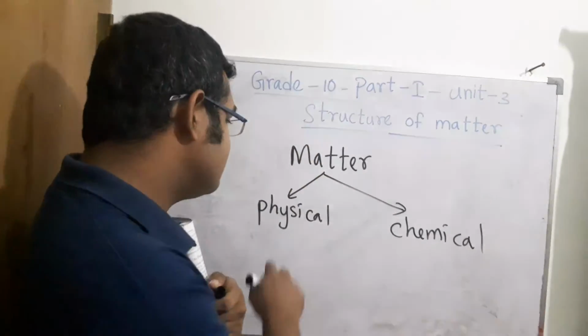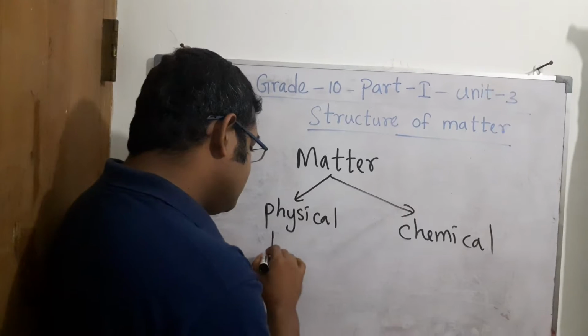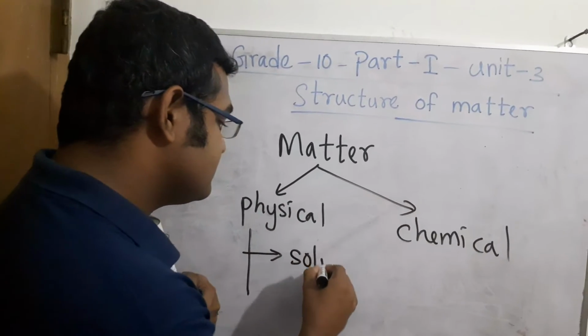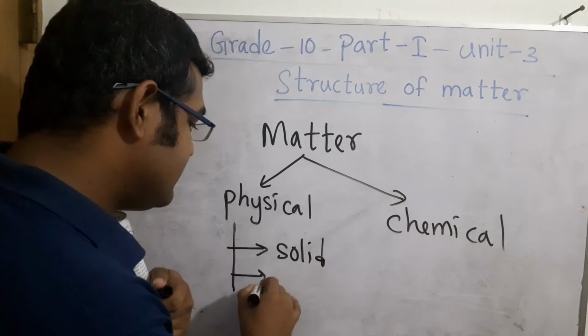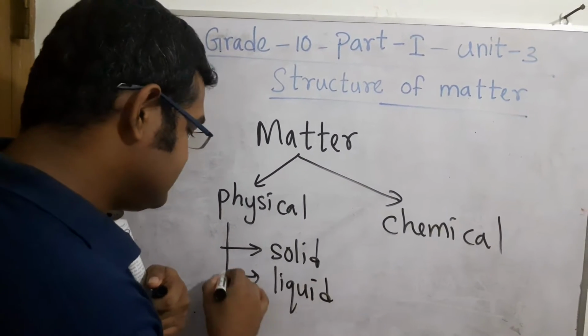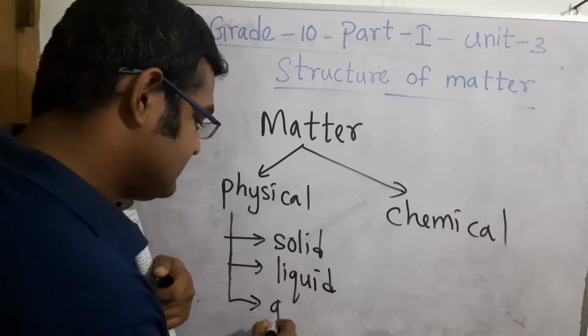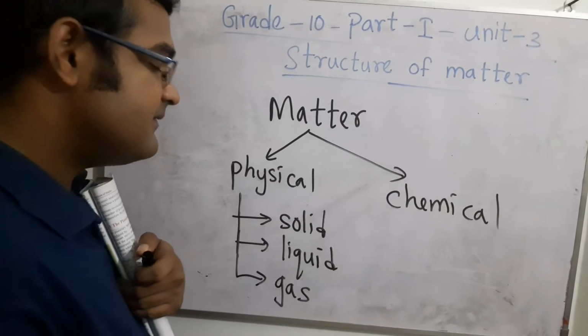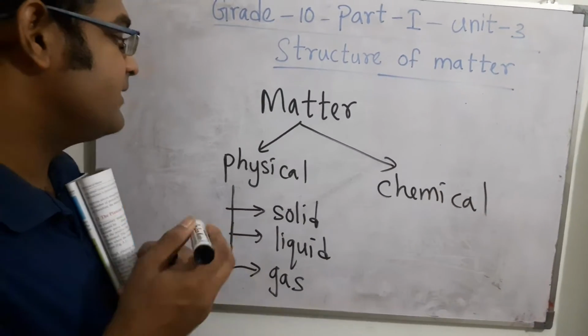Based on physical nature, we can subdivide matter into solid, liquid, and gas. So these are the three physical forms of matter.